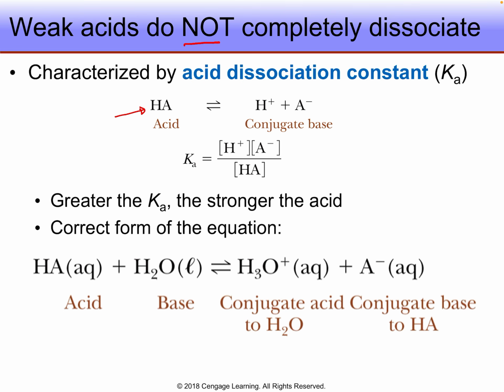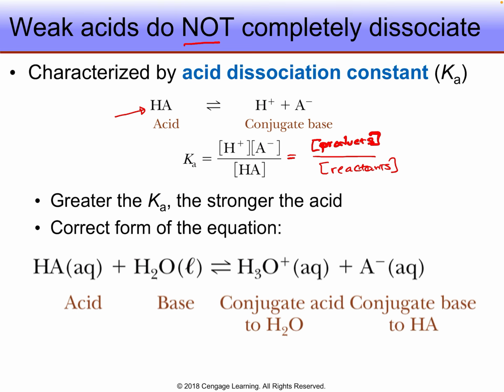And equilibrium constants are defined as the product of products over reactants. So it's the concentrations of products divided by the concentrations of reactants. If you came up through Chem 100 or 152, you may not have seen equilibrium expressions, but that's okay because we're not going to use them very much.